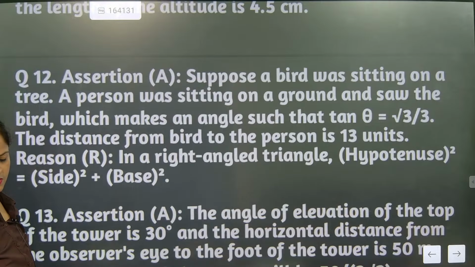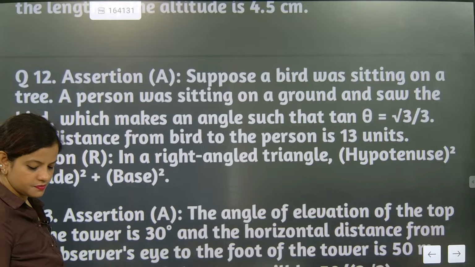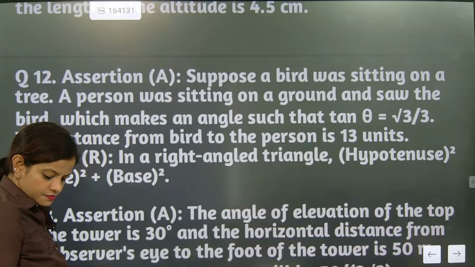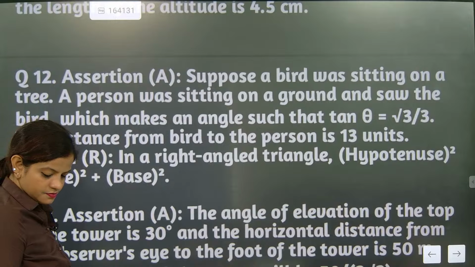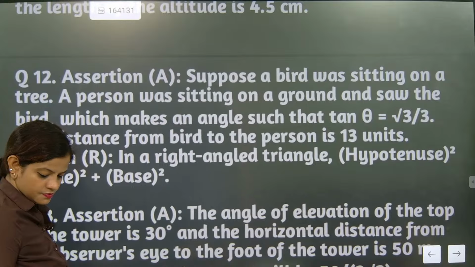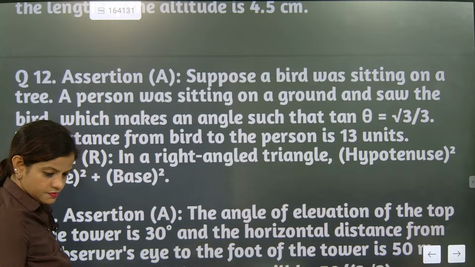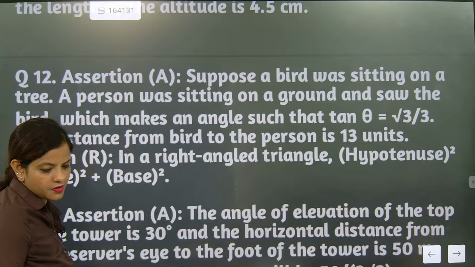Yes, Kavya. Very good. Which question are you sending, Vishwa?